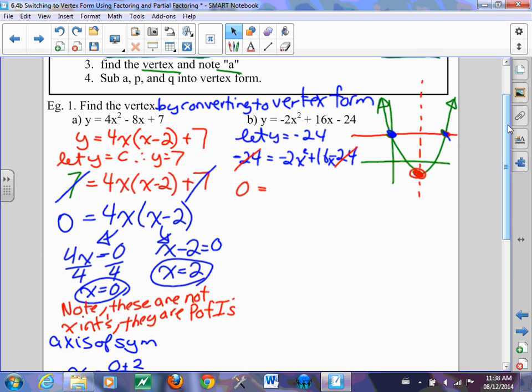Now what we're going to do, folks, is common factor on the right side. So we're going to take out negative 2x, and then we're going to be left with (x, watch your sign, minus 8). That might be a little easier for you because you're just factoring what's left over, so that might be a method you choose.